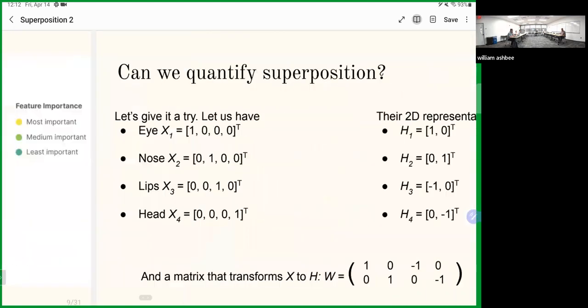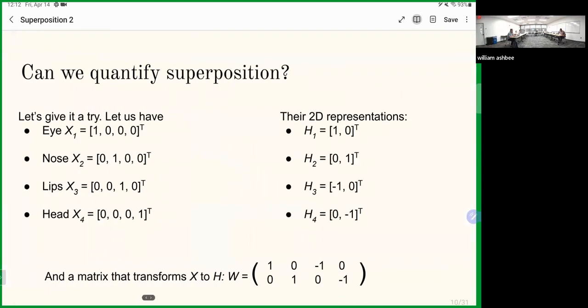What if we want to develop a tool for quantifying and assessing this superposition? What can we do? On the same example with sparse features, let's see what an operation that manages to squeeze them all into fewer dimensions can look like.